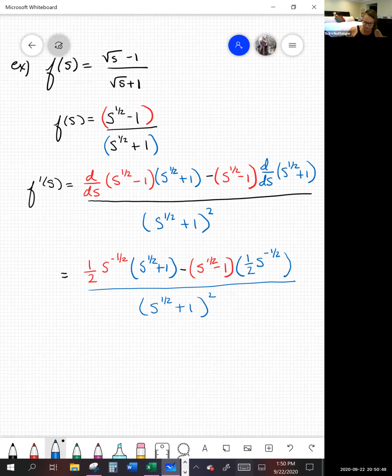So notice we could factor some things out. Sometimes I want you to clean things up. Again, if we're going to be looking at graphs of these functions, it's often helpful to find when the derivative is equal to 0.